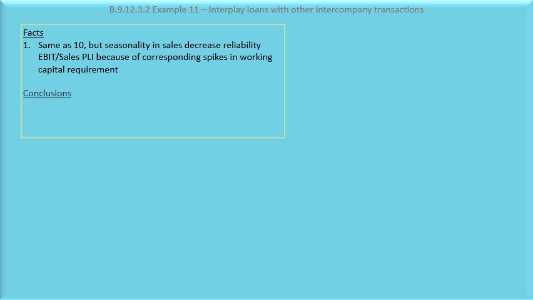And what happens here, and I again like the conclusion of the UN, they say, in this case, it's better to benchmark on EBT over sales than EBIT over sales, because it will give you more reliable results. But there is a but, and that is that the loan should then only be used for working capital and not for other things. And based on this condition, one could then again adjust the price between ACO and BCO.